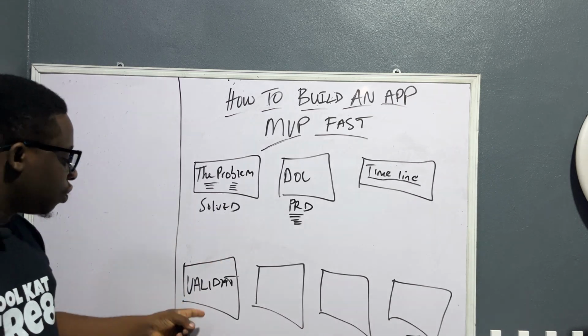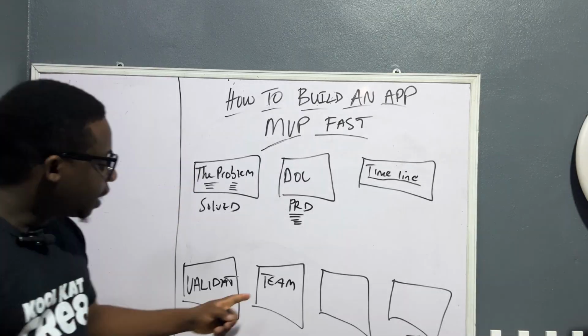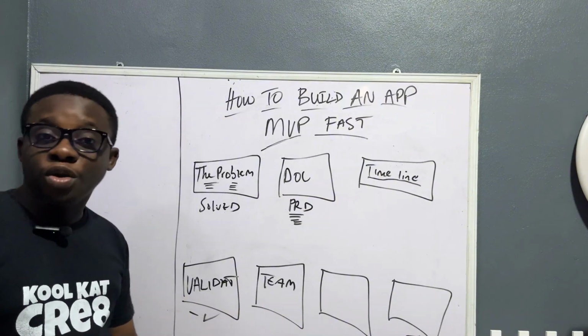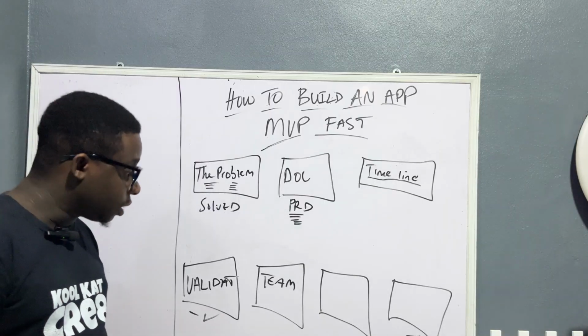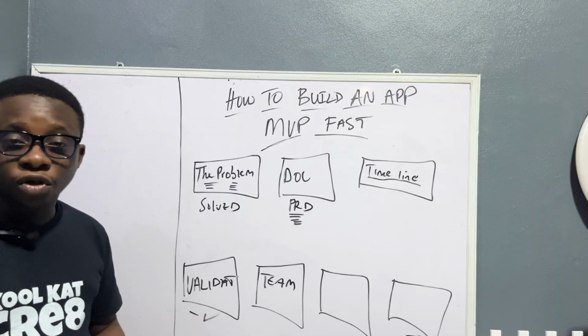So as much as possible, once you've gotten your green light, the next stage is getting your team. So now your team is very important. It could be you, it could be you and your friend, it could be an agency that has all the teams that are ready to fire your product.